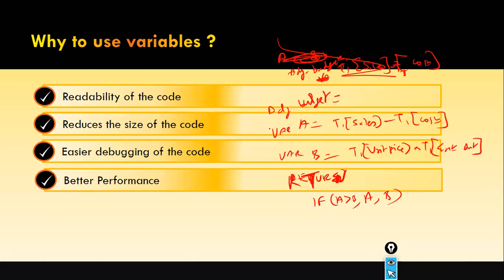If you don't use variables at all, what will happen? You put this entire expression here, T1 sales minus T1 cost is greater than this one. You will have to put the expression, comma, and you need to put this expression again. It is redundant, and again you need to put this one if you don't use a variable. Hope with this example you are able to understand how, with variables, we can make our code more readable.